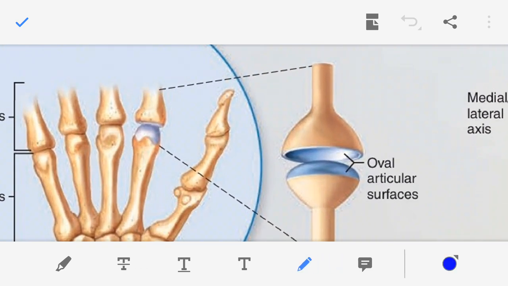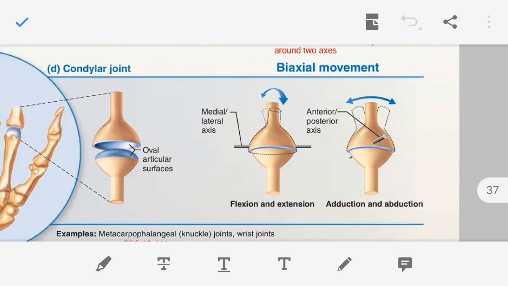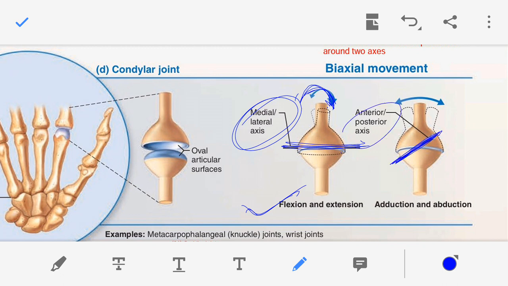And in this joint, two types of movement are possible. Let's say this is the medial lateral axis, and the bone can move either in this direction or in this direction. So forward and backward, flexion and extension are possible, and on the anterior posterior axis, abduction and adduction are possible.